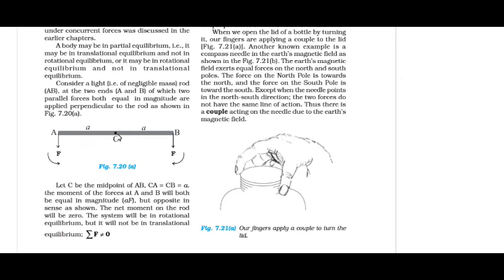C is the midpoint, that is the center of mass. Two parallel forces are acting on the two ends A and B. Let C be the midpoint of AB, that is CA equals CB equals a. The moments of the forces at A and B will both be equal in magnitude.